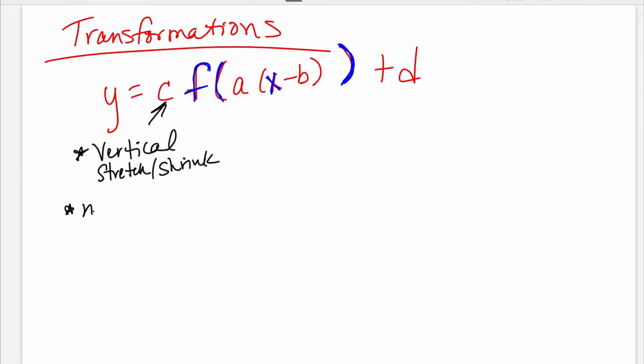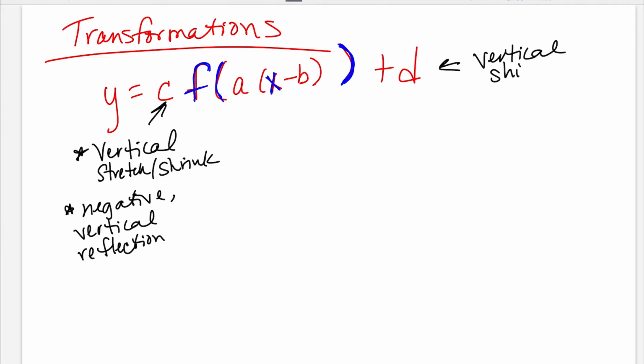If this is negative, remember how I said we were going to see if it goes all the way up for the polynomials or down? If it's negative, that's that reflection. Negative is a vertical reflection. And again, with the vertical, outside of my function, this is going to be a vertical shift.